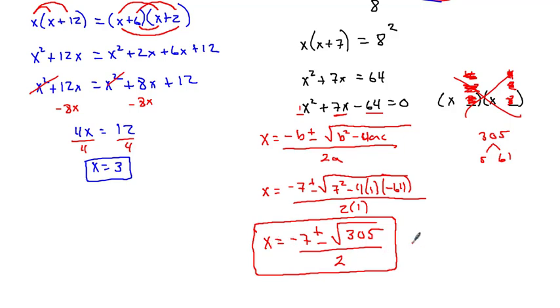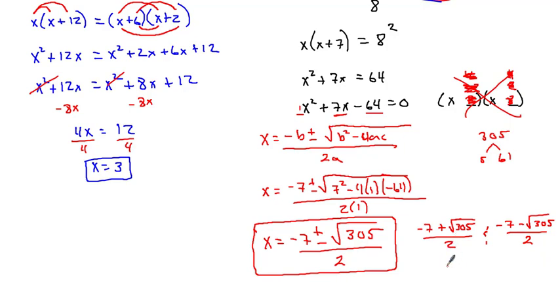Now, we can take our calculator and we can do negative 7 plus the square root of 305 divided by 2. And we can do negative 7 minus the square root of 305 divided by 2.